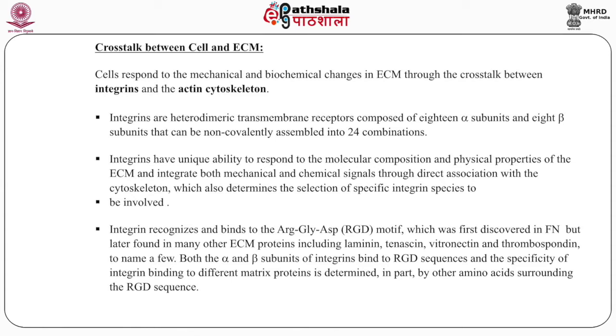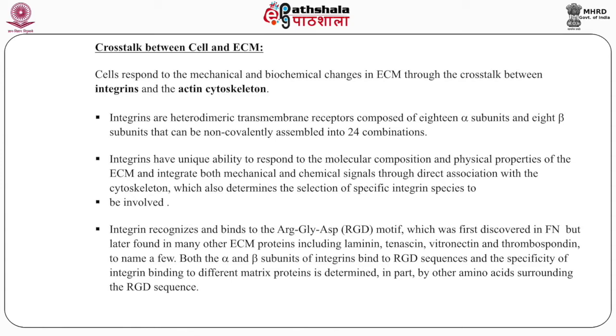the cell. Cells respond to the mechanical and biochemical changes in ECM through the crosstalk between integrins and the actin cytoskeleton. What are integrins? So, integrins are heterodimeric transmembrane receptors composed of 18 alpha and 8 beta subunits that can be non-covalently assembled into 24 different combinations.